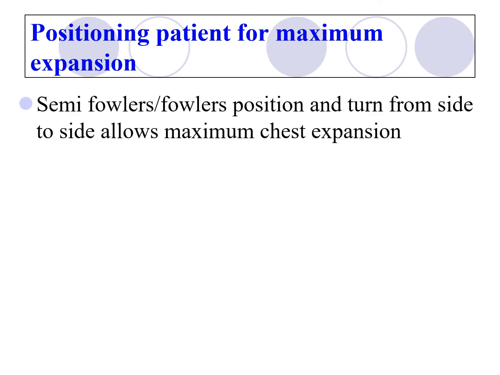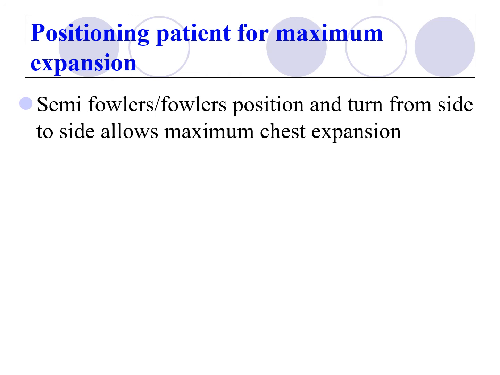Positioning the patient for maximum expansion, the semi-Fowler position and Fowler position, and turning from side to side will allow maximum chest expansion, especially when the client is bedridden. So in this case, we have to change his position. By that, we prevent stasis of fluid or secretion in their lung, and we will help them to expel this out.